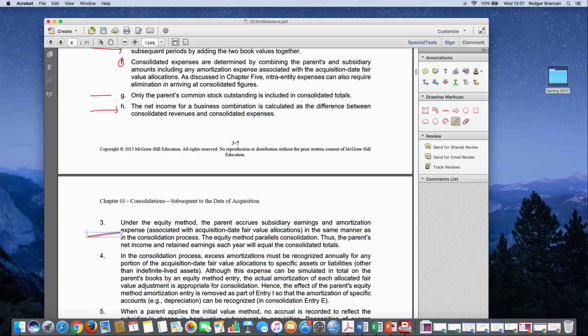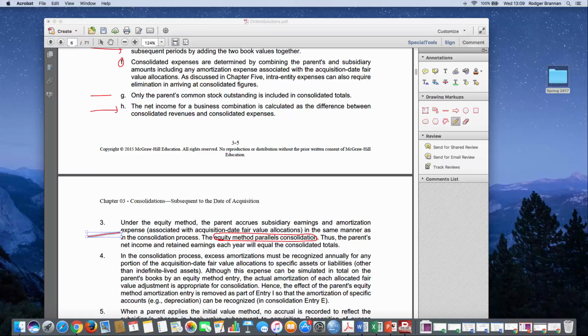So in a sense, the equity method parallels consolidation, because when consolidation is finished, as we talked about up here, the net income of the parent will always equal the net income of the subsidiary. And actually, excuse me, I said that wrong. The net income of the parent will equal the net income that's determined under consolidation, which would include both the parent and the subsidiary.